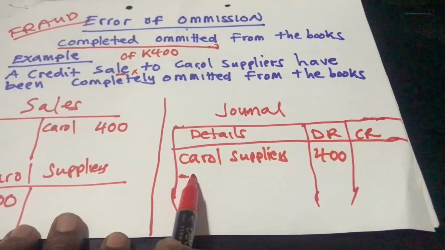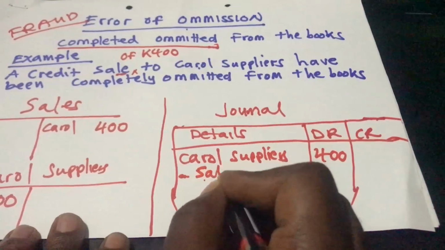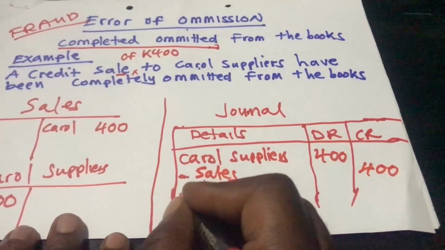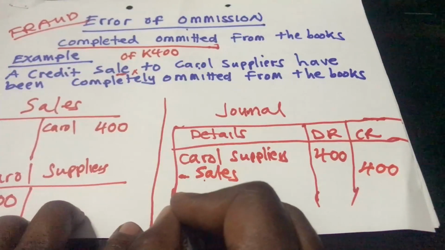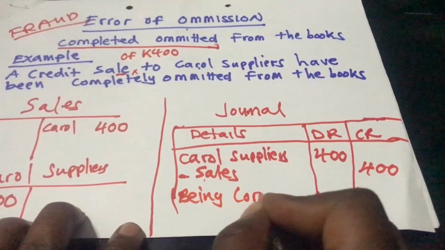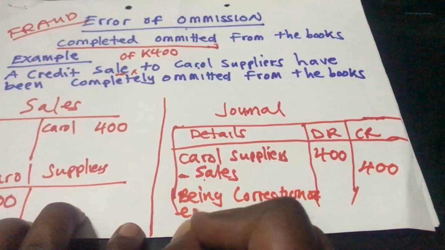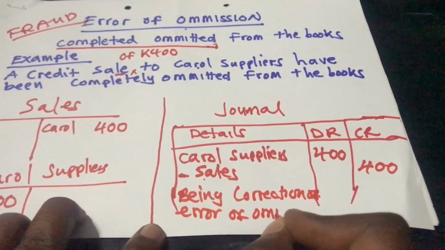You go a bit inside, then you write sales like that there. Then you put it in the credit. Then now you are going to put a narration here. A narration is just a story of what is happening. So you are going to say being correction of error of omission.